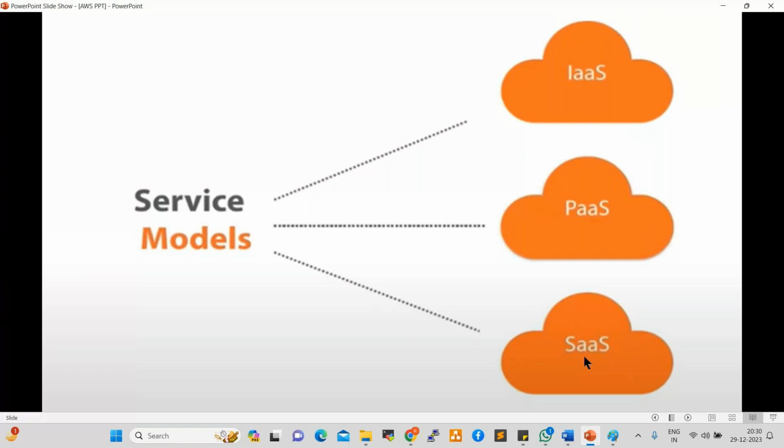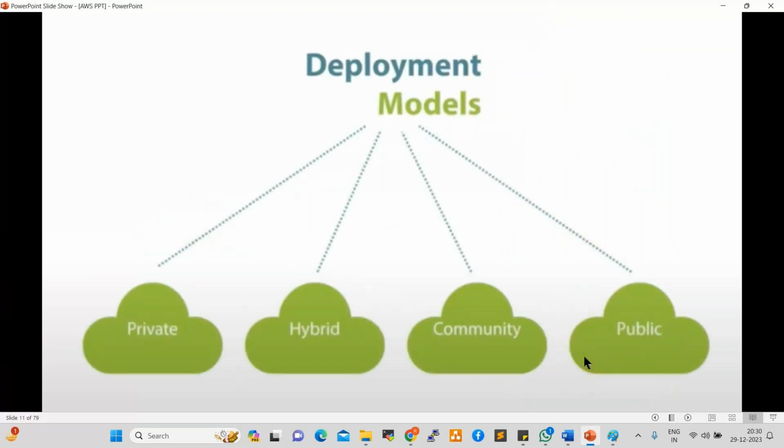Next one is deployment models. We have four deployment models: private cloud, hybrid cloud, community cloud, public cloud. What is private cloud? Private cloud is a local server, a local cloud within the organization, a local data center cloud.